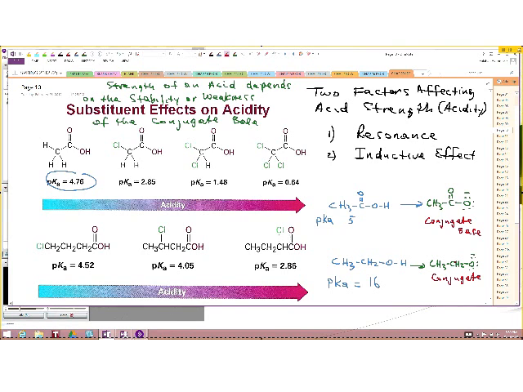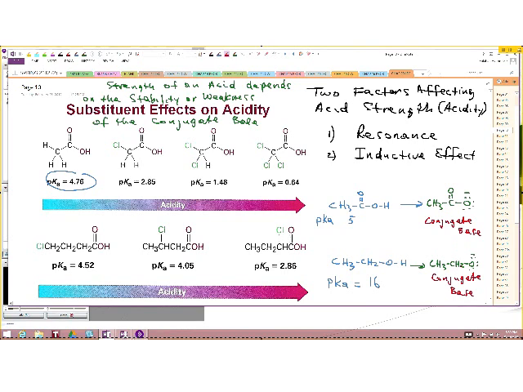Therefore, with regard to this conjugate base, ethanol will be the conjugate acid. Okay? So what do we have here? Why is acetic acid more acidic than ethanol? It's because of resonance. The conjugate base is stabilized by resonance.